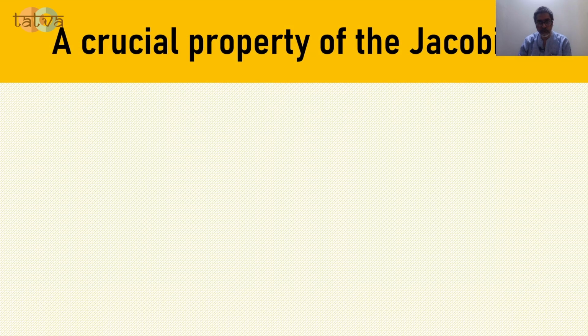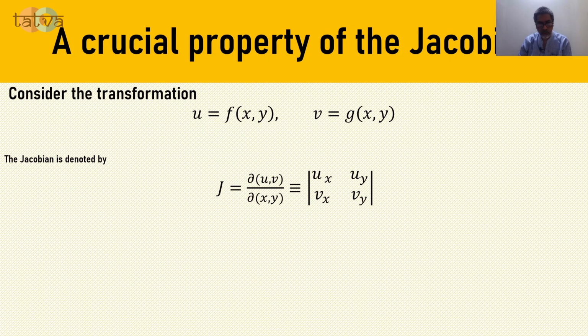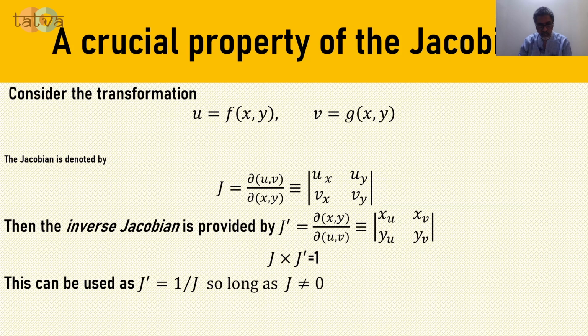One of the crucial properties of the Jacobian that will be exploited will be, suppose you start with the XY coordinate system and move to the UV coordinate system using the transformation equations u is equal to f of xy and v is equal to g of xy. You find the Jacobian of that. And then there is this interesting rule, which is what we call the inverse law or inverse property of Jacobian.